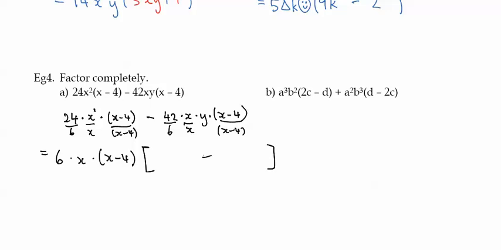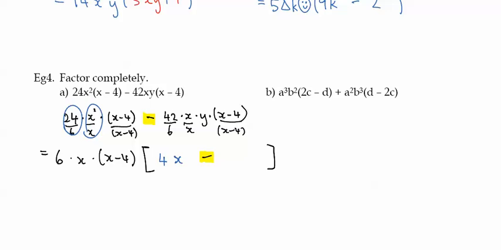There will be a minus in the middle. That minus came from here. When we take out 6 times from 24, and then from the x, we will end up getting 4x.